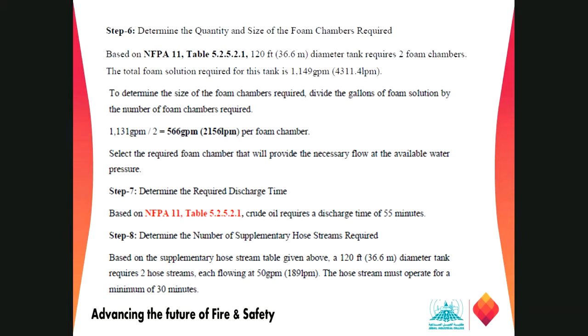And the total foam required from our previous calculation is 1149 GPM. So to get how much foam we need from one chamber, we can just divide this by 2 because our tank needs 2 foam chambers.